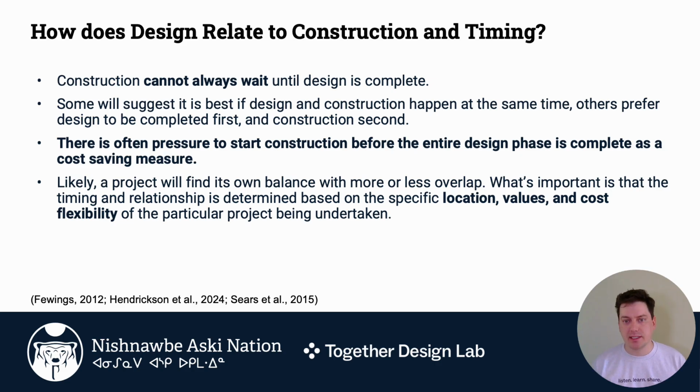For a number of reasons, you can think about supply chain as the easiest example, and the need to get certain items either up on a winter road or ordered because of long lead times, there will be reasons why you have to move forward with a partial or incomplete design where certain details or site-specific adaptations or finishes haven't been decided yet. And this isn't wrong.